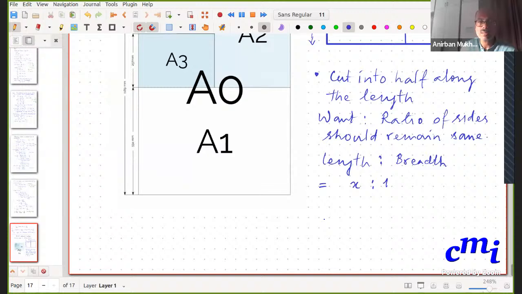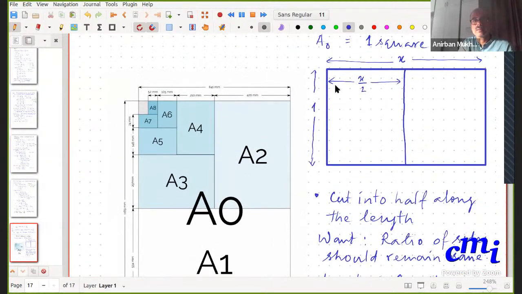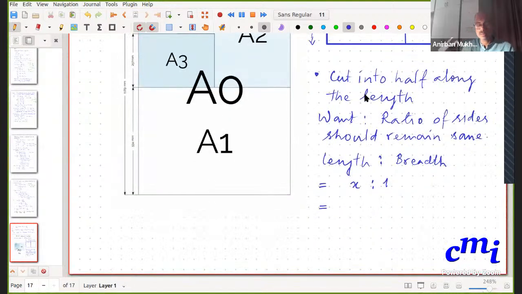And then what we got is that now the longer side, the length, is 1 and the breadth is x by 2.